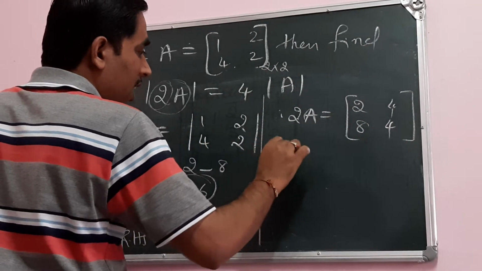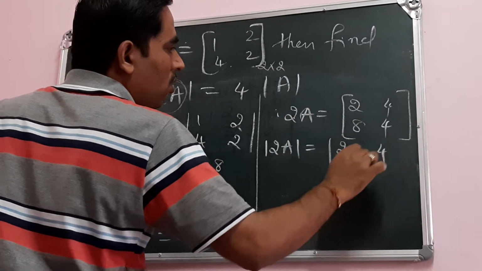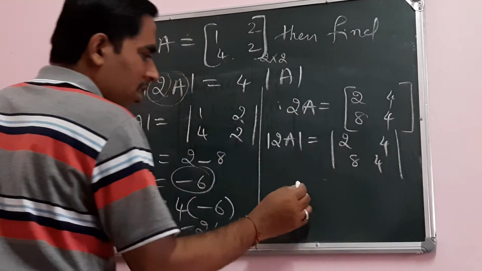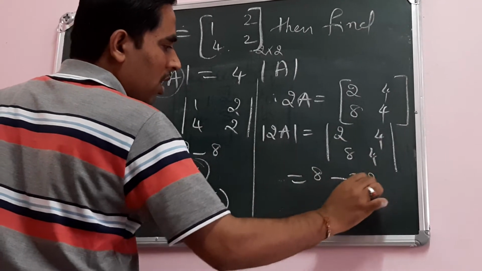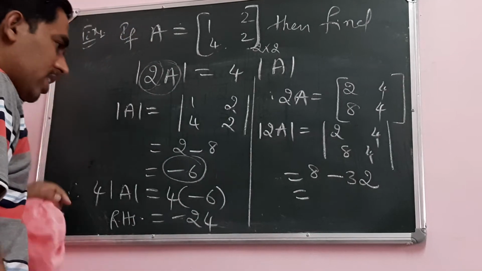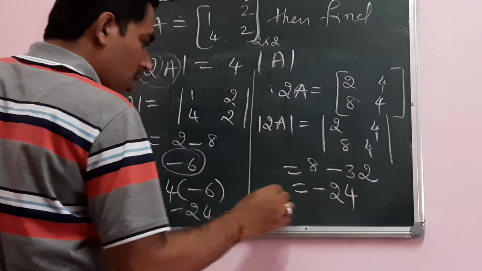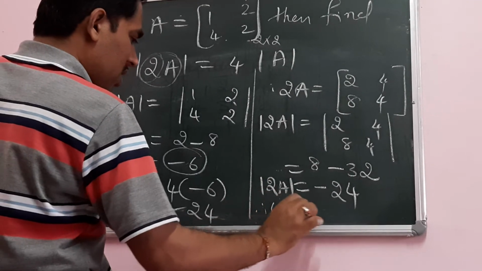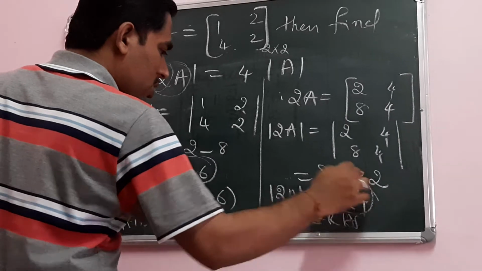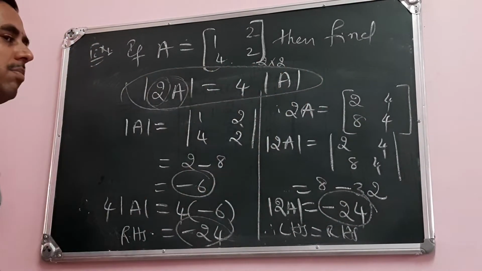Now consider the determinant of this matrix: 2, 4, 8, 4. 2 into 4 is 8, minus 8 into 4, which is 32. So 8 minus 32 is minus 24. This is the determinant of 2A. Therefore, LHS is equal to RHS. This is minus 24, and that is also minus 24. So we have proved this point.